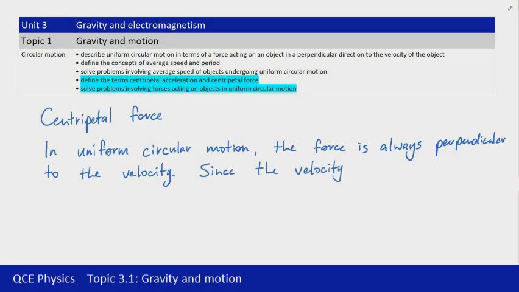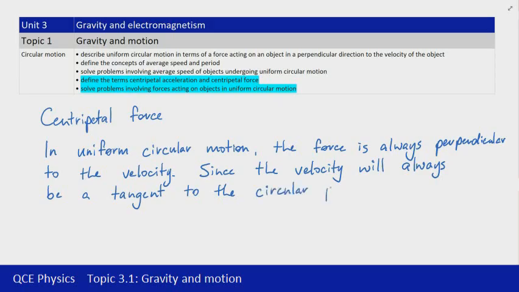A tangent basically means that it touches the circle at a particular point. One of the things about a tangent is that if you draw a line from the center of the circle to the point where the object is positioned, then the angle that you'll find there is 90 degrees. And that then ties back into this idea of the force that we're dealing with.